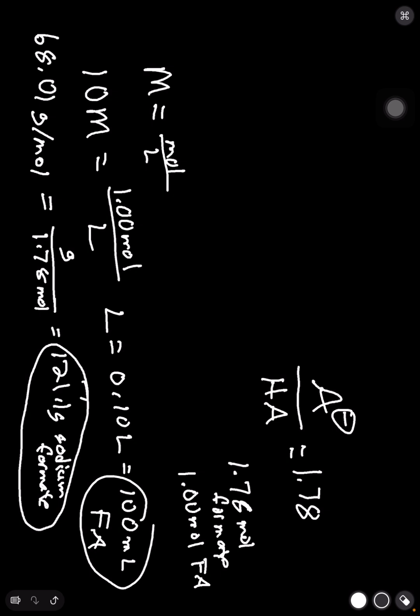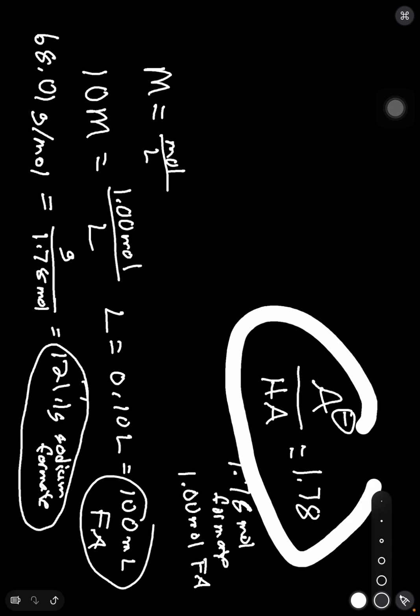That is great if you want a really high buffering capacity. That would work fantastic. Now, if you didn't need that much, and you wanted to save on materials and supplies, you could scale this down as long as the ratio is still 1.78 to 1, then you're good.